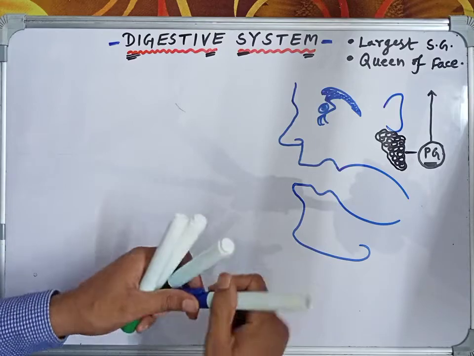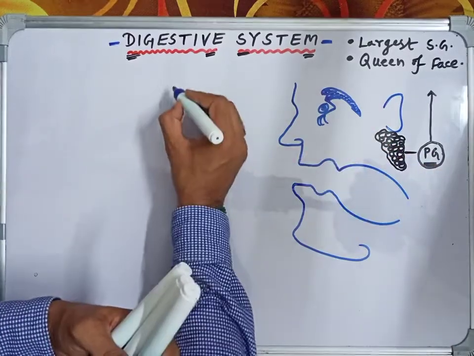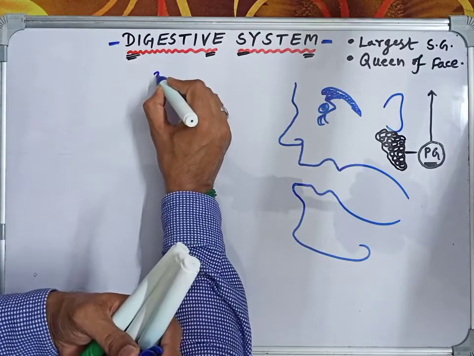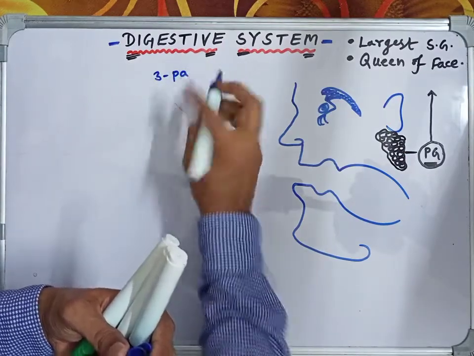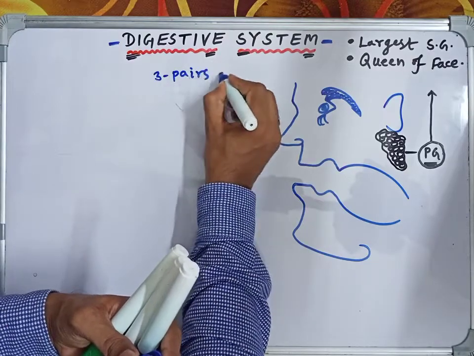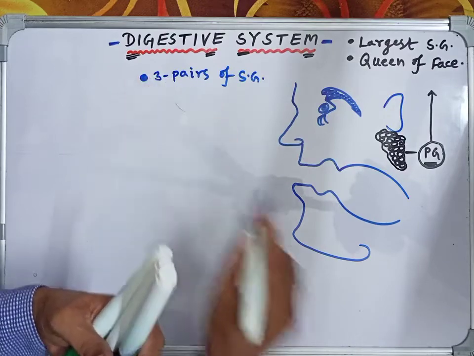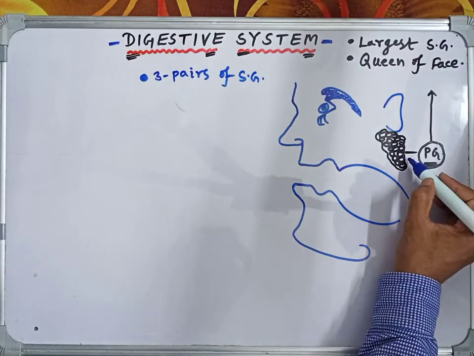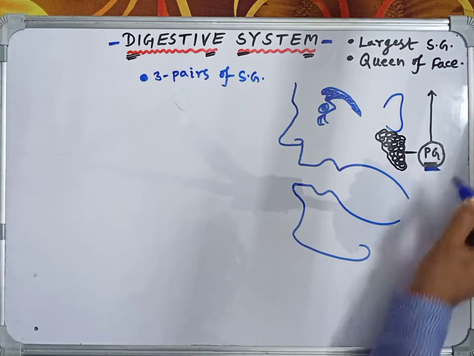And another MCQ for you, right? How many salivary glands are present in our face? Actually three pairs of salivary glands are present in our face, and the first pair is called the parotid gland, right?